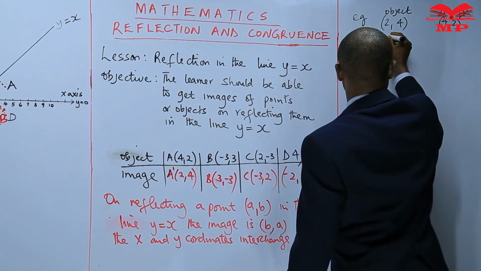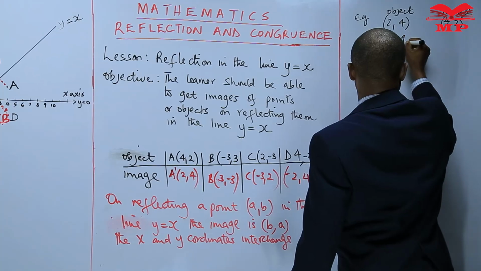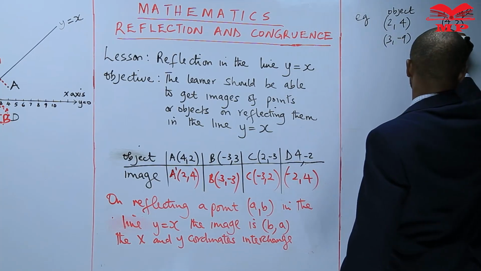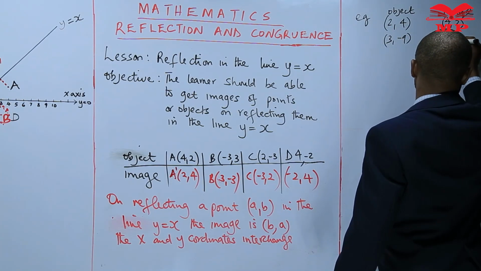If we have 3, -9, the image will be -9, 3.